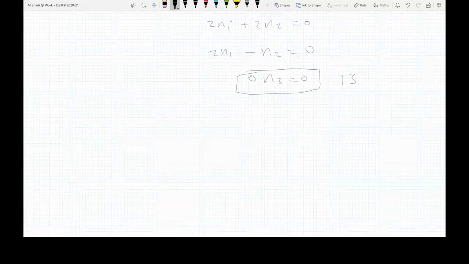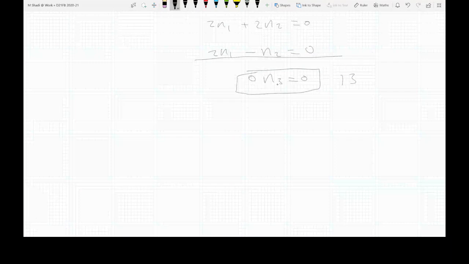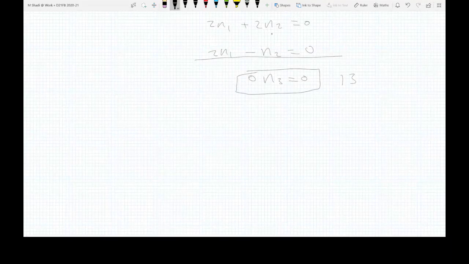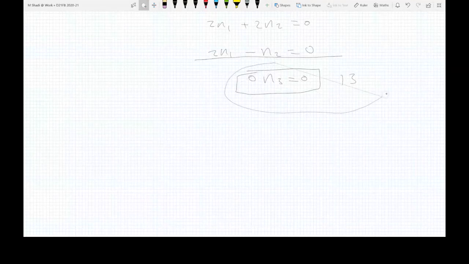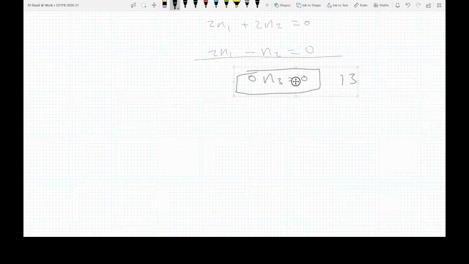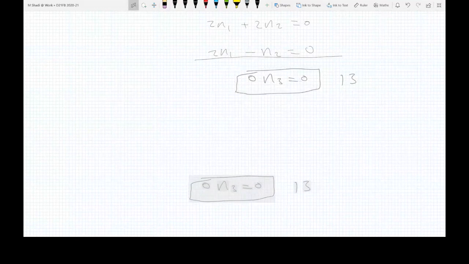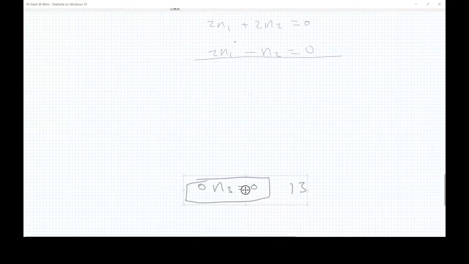So now you have the two equations to solve. These two equations are now unique equations. This is the singular equation, and these are the unique equations. So you can now solve these two simultaneous equations, and you get specific values for n1 and n2. Let us take this one away for the time being and try to solve these two equations here.